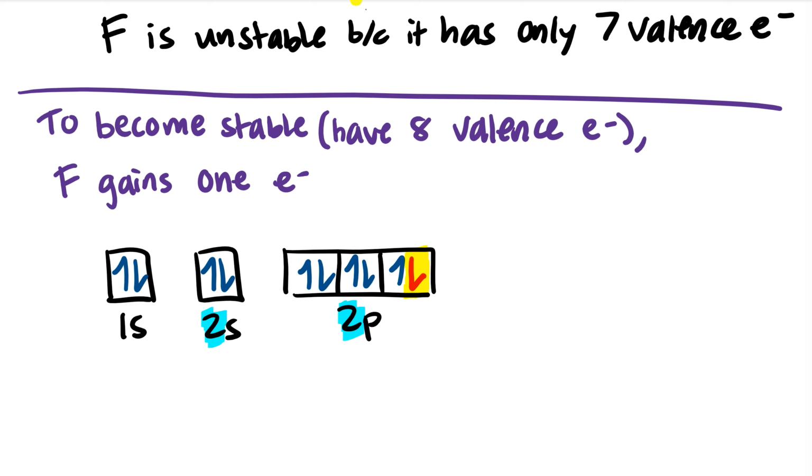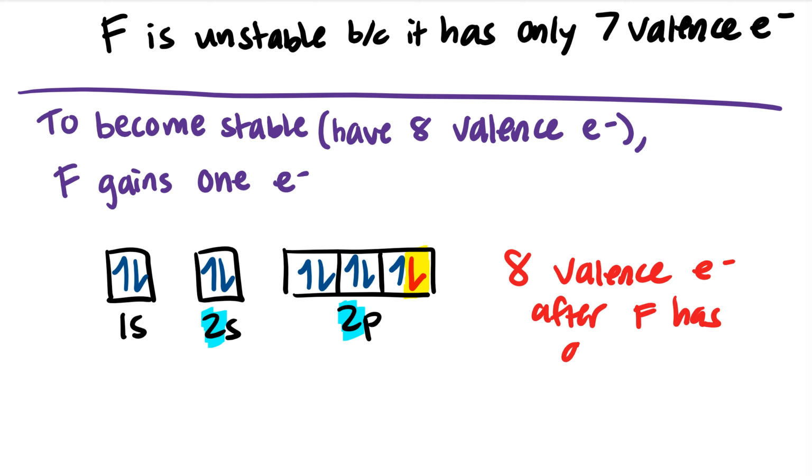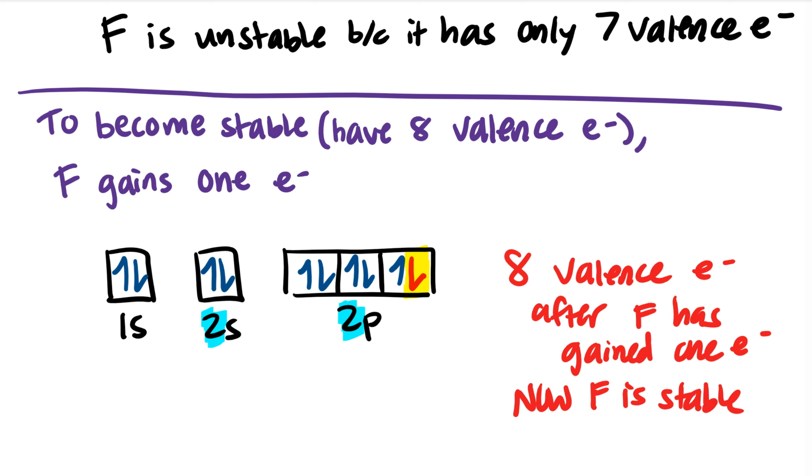So we now have 8 valence electrons after fluorine has gained 1 electron. Now fluorine is stable with its 8 valence electrons.